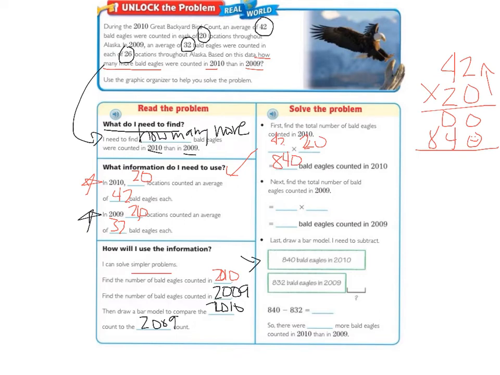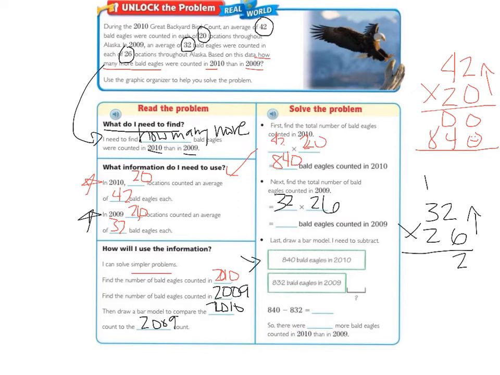Okay, so the next thing that we're going to find is our numbers for 2009. And in 2009, we had 32 bald eagles multiplied by 26 locations. So let's do that to the side. 32 times 26. So we're going to go straight up with our 6 first. 6 times 2 is 12.